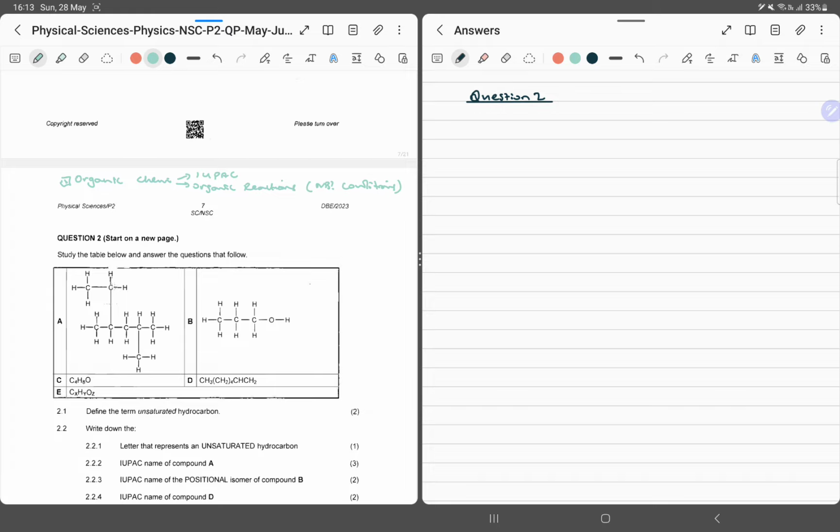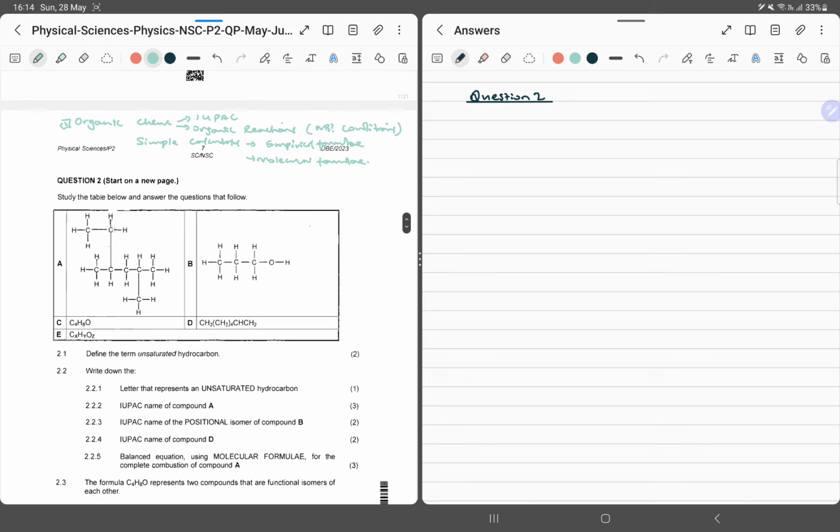And what else? I think this is essentially what is important. Perhaps we can say some simple calculations that can involve the empirical formulae, okay, and molecular formulae. So usually that's as far as this section would go. Okay, so let's go for it.